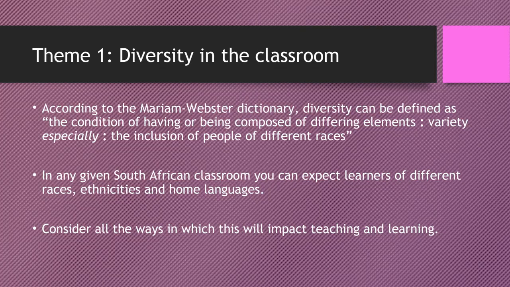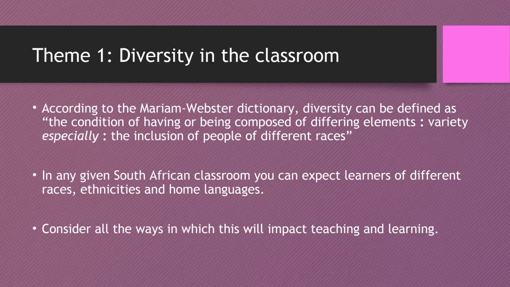So when you walk into a classroom, you need to be very aware that this is not going to be a one-size-fits-all exercise. Now, even if you walk into a classroom that looks pretty homogeneous, so a lot of the learners are the same ethnicity, the same race, a lot of them come from similar backgrounds, there is still going to be a huge diversity between them.